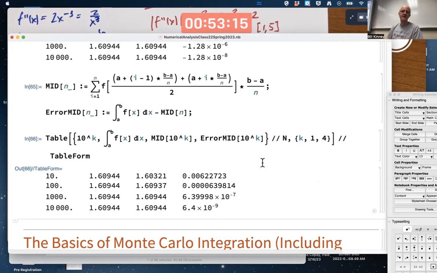For this 1 over x function, you can see they're positive errors. The midpoint rule for a concave up function gives approximations that are too small, resulting in positive errors. I'd encourage you to look in your calculus book in the section on the trapezoid rule and the midpoint rule. I believe it's chapter 7.